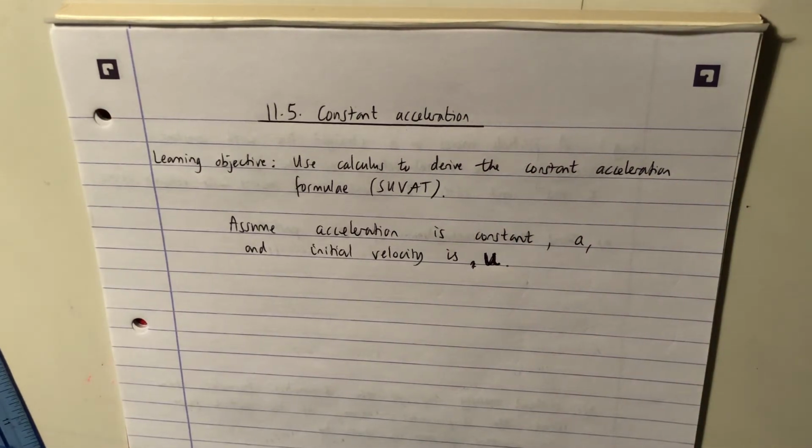Okay, so that's all we need to start off with, a constant acceleration a and an initial velocity u, and we can derive everything.